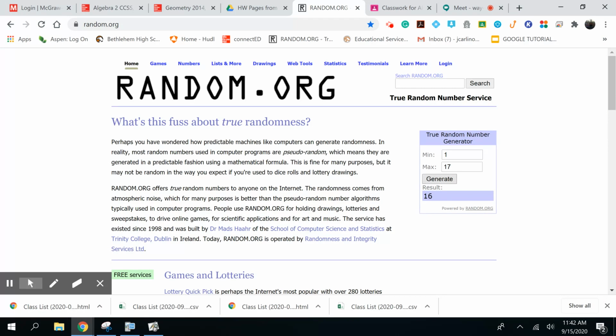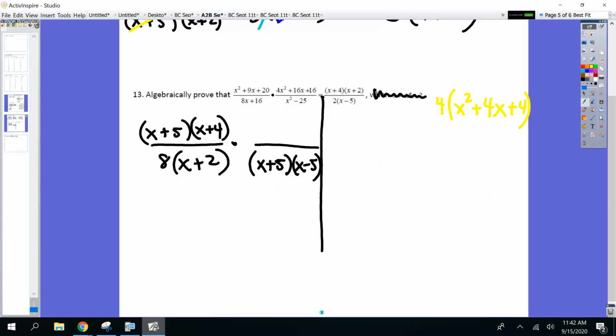Number 16. Hi, Catherine. X squared plus 4x plus 4. I know how to do it. I just need to fix them. Yep, go ahead. I'm not in a rush.